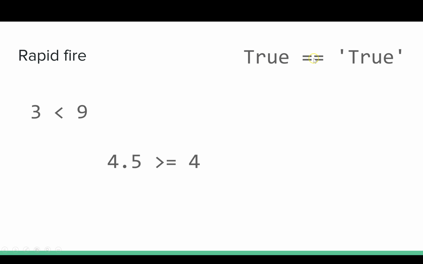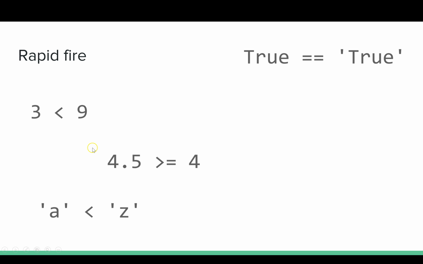True double equal to 'true'. What do you say? It is false, because this true is a Boolean value, and this true within single quotes is a string. So the Boolean value true is not equal to the string 'true', and the answer is false.